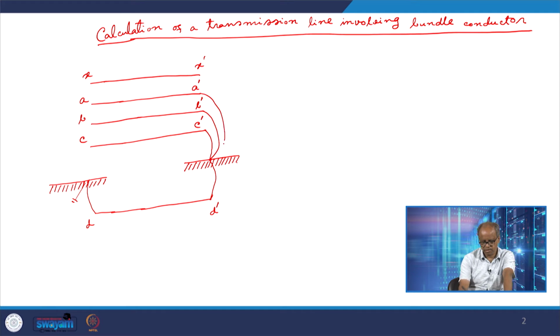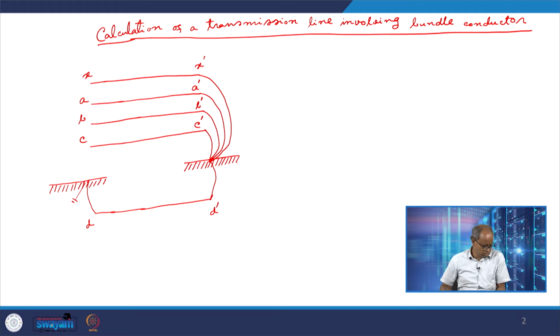So, I have got essentially 4 original conductors and 1 fictitious conductor dd dash, and this fictitious conductor takes into account the effect of the ground.